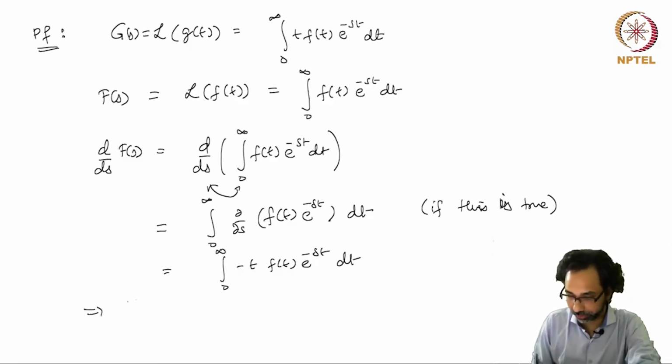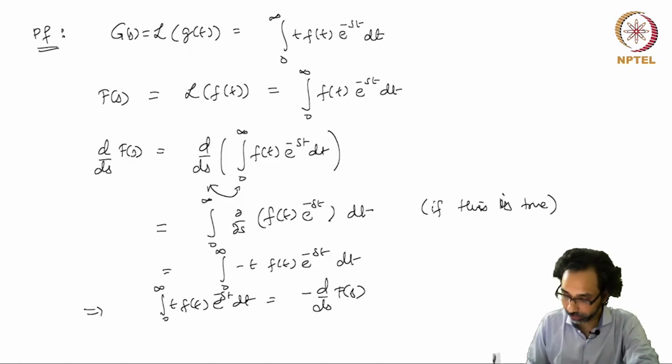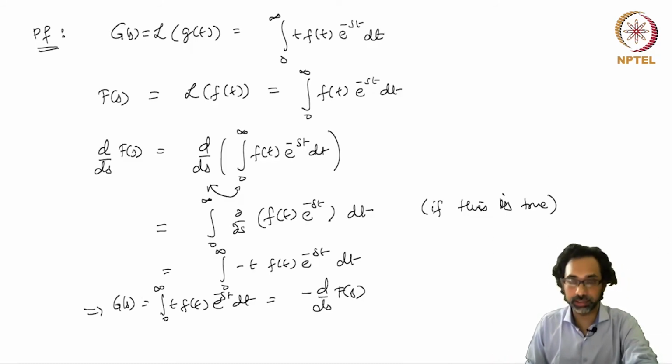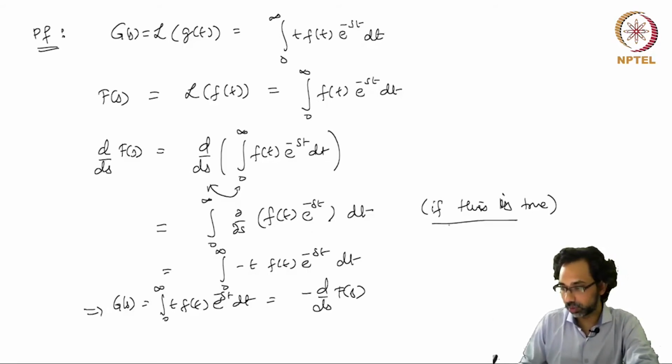So this implies that the integral of t f(t) e^(-st) dt is minus the derivative of F(s), and the left hand side is G(s). Now the only thing left is to show that the interchange of the two operations, derivative and integral, is allowed.